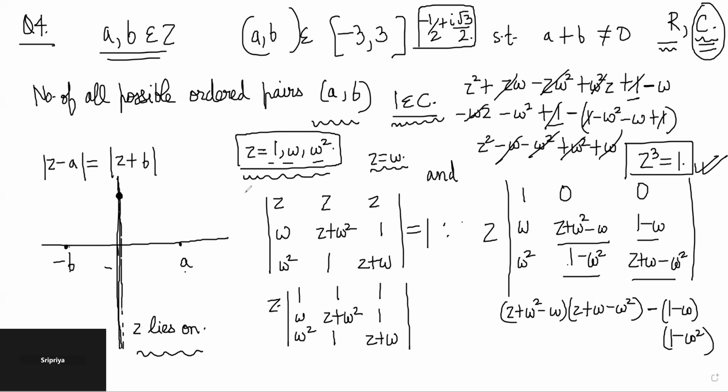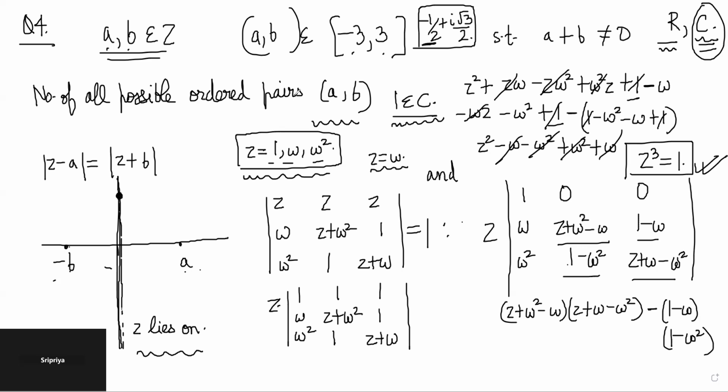So basically what you have to say is that minus half is the midpoint of A and minus B. Do you understand what I'm saying? So in that case, what are the possibilities for A and B? They are integers from minus 3 to 3, correct?